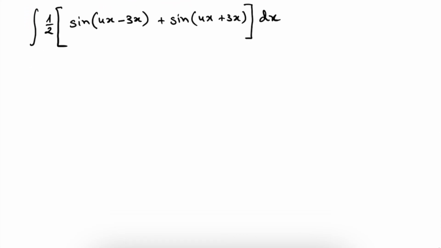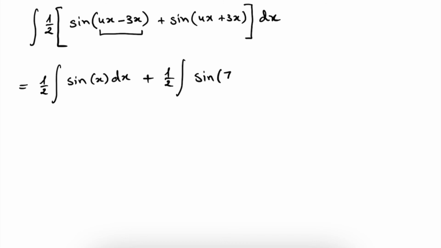This integral can then be rewritten as 1/2 times the integral of the sine of x dx, because 4x minus 3x is simply x, plus 1/2 times the integral of the sine of 7x dx, because 4x plus 3x is of course 7x. And these two integrals can now very easily be solved.